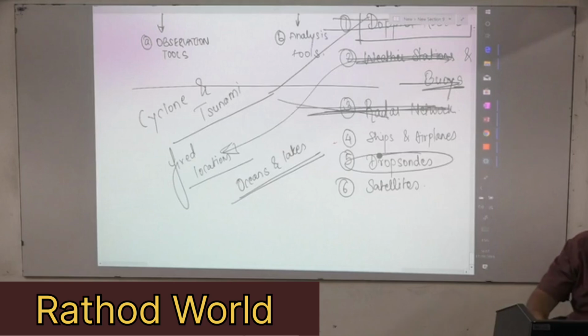Drop zones collect information across the atmosphere, when they are dropped from balloons or planes.